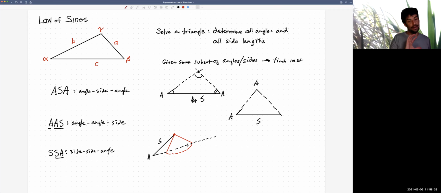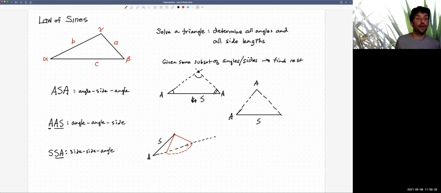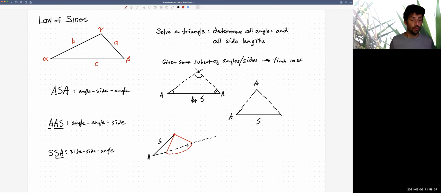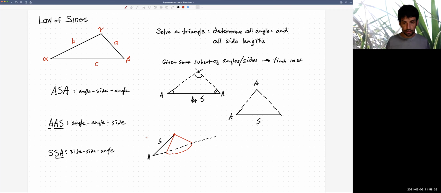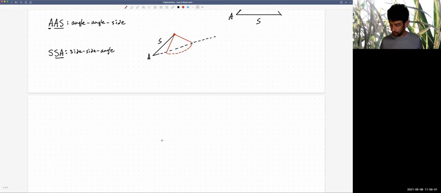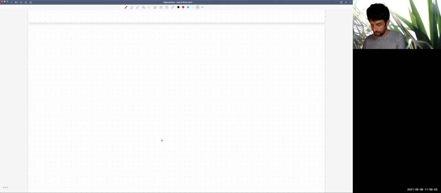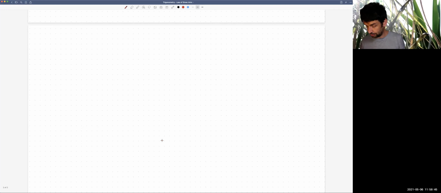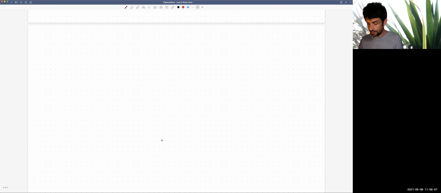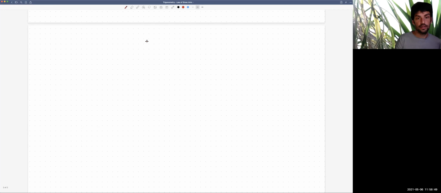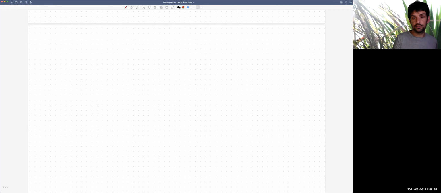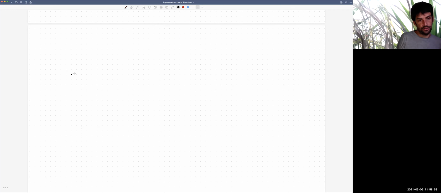We've got three situations where the law of sines will come in handy. So let's develop the law of sines. Let's see how we can figure this out. Let's start by drawing some triangle.